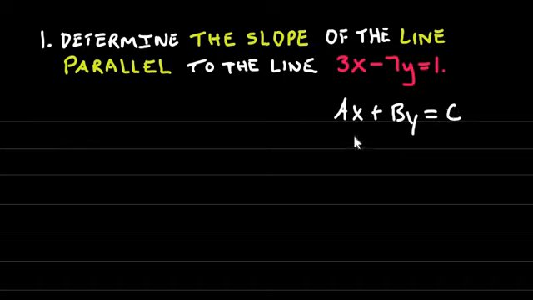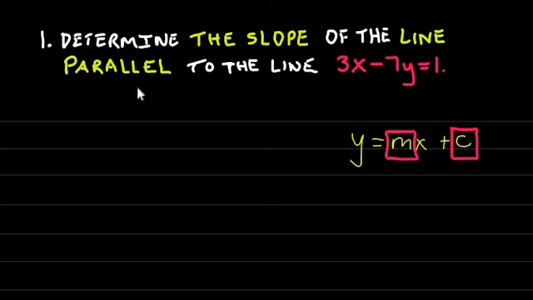And the slope-intercept form is y equal mx plus c, where m is our slope, also called the gradient, and c is our y-intercept. In some countries, they have a b instead of a c.